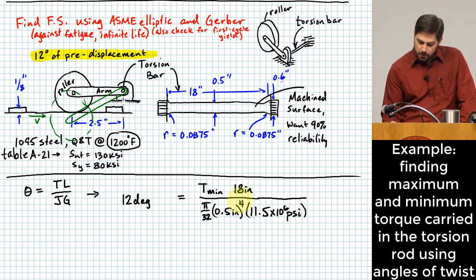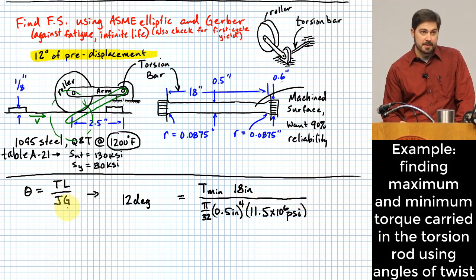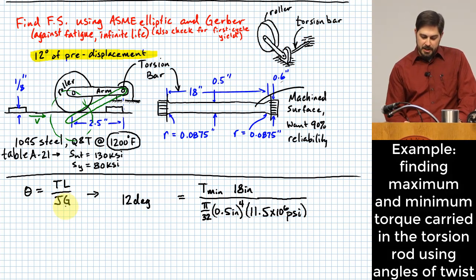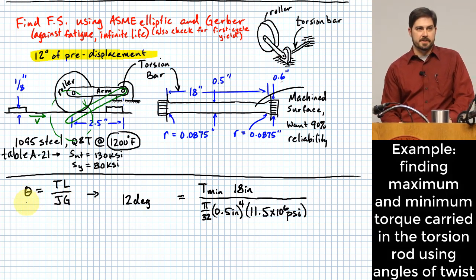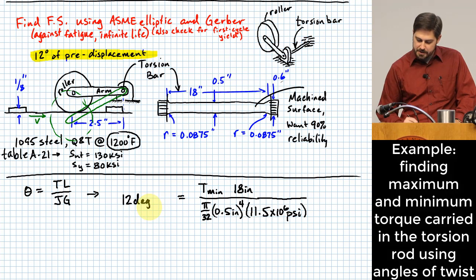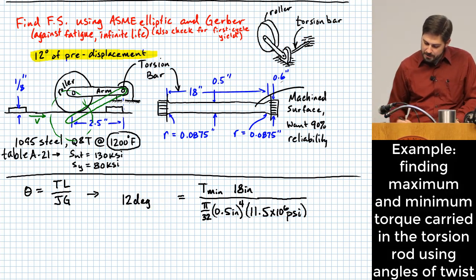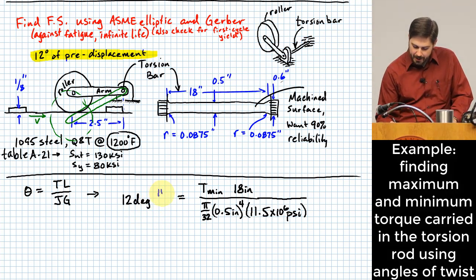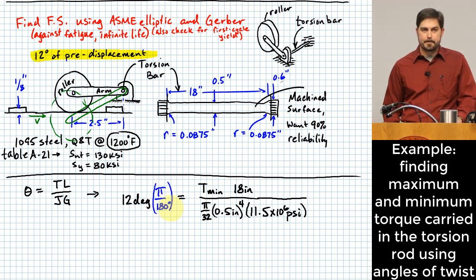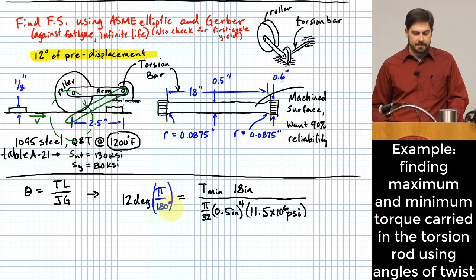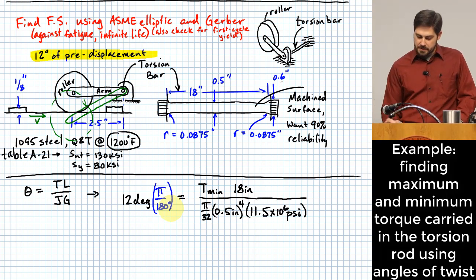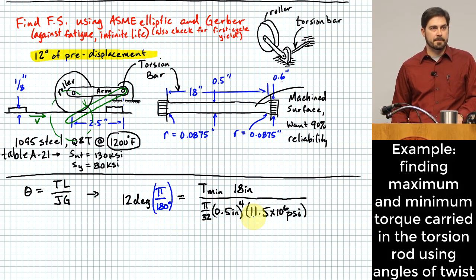If you think about the TL over JG, it is set up to give you an angle that is in radians, and we're putting an angle in degrees right here. So what we should probably do is multiply by pi over 180 degrees. And that puts us in radians so that we are consistent with how it would come out of the other equation over there.